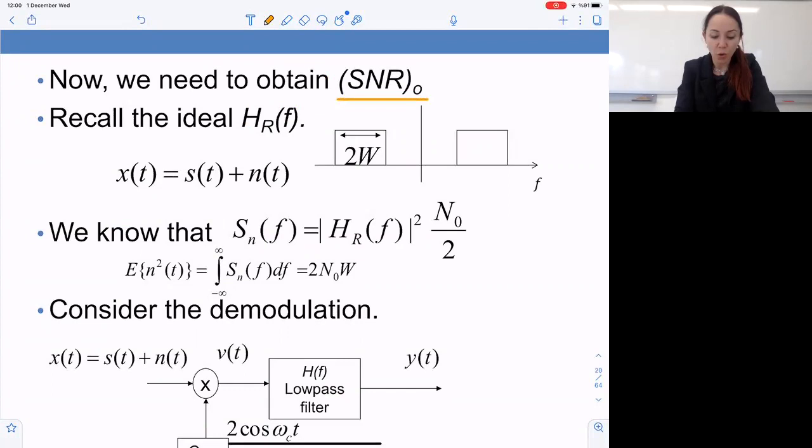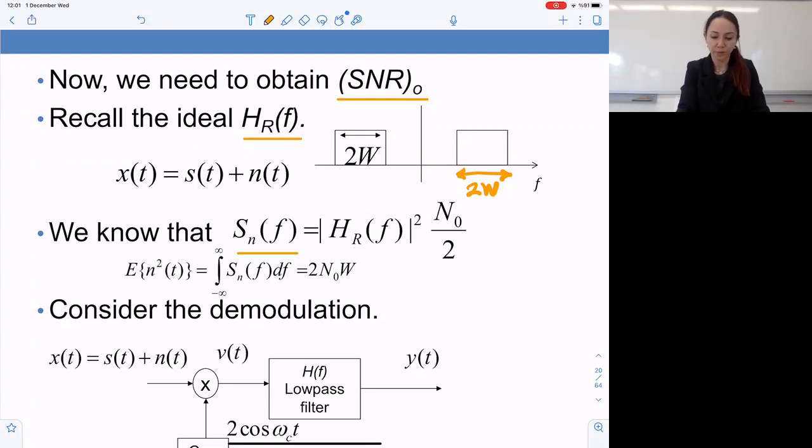Okay, so now we will model H_R as an ideal bandpass filter with bandwidth 2W. So how about the actual noise?